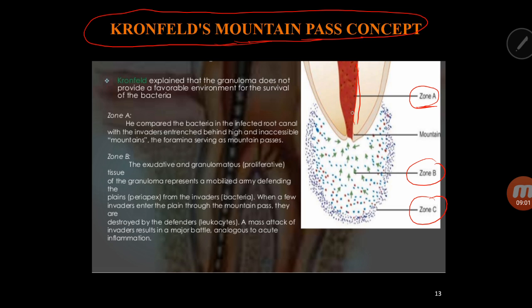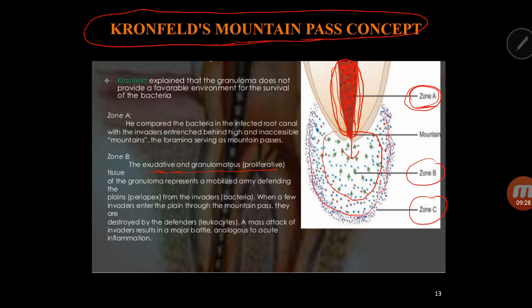These are the bacteria that are present in the canal. This is called zone A. Coming to the next, zone B is the exudate, the exudate that is going through the apical foramen into the area. This is called zone B, exudate and the granulation tissue. And zone C is the zone of bacteria.